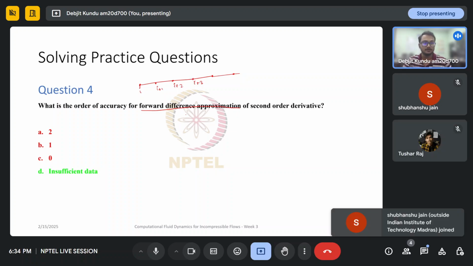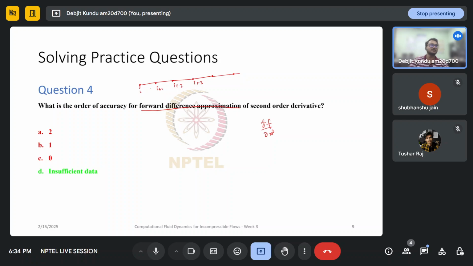Now, since it's a second order derivative, I'll need at least 3 points. If I take 3 points, i, i plus 1, and i plus 2, then I might get some order of accuracy. If I take 4 points, i, i plus 1, i plus 2, i plus 3, then generally we get one higher order of accuracy if we use more points. So if I include more points, then the order of accuracy will be higher.